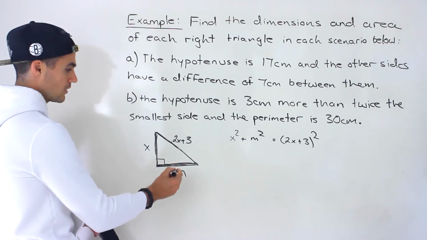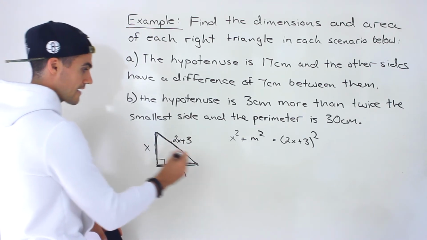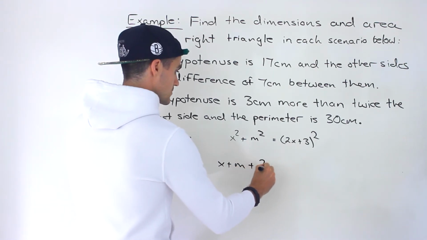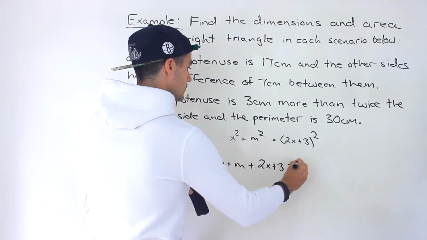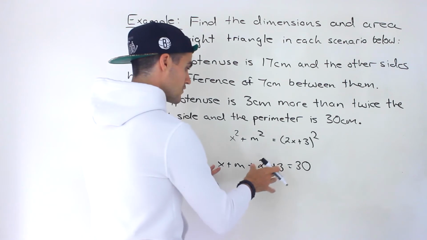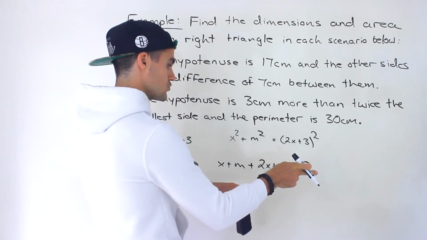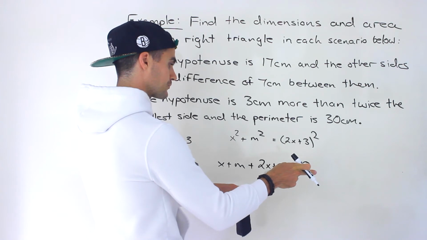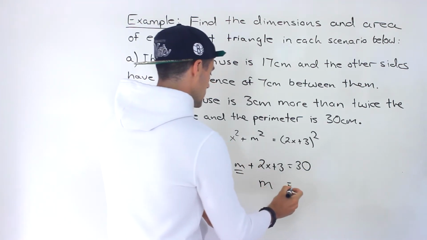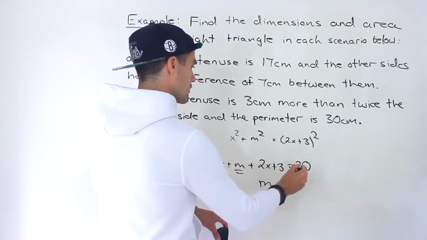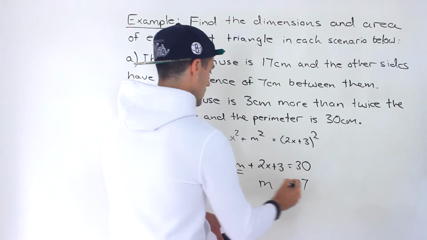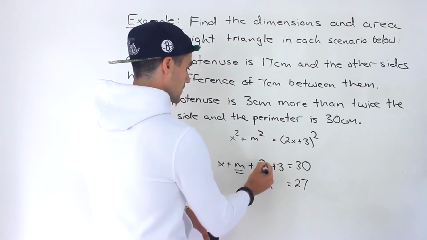So how do we do that? Well, we could use the perimeter, because notice that x plus m plus this other side, 2x plus 3, is equal to 30 centimeters. I'm going to bring everything else over to the right side and keep the m on the left side. So m would equal, bring the 3 over, 30 minus 3 gives us 27, and then x plus 2x gives us 3x.